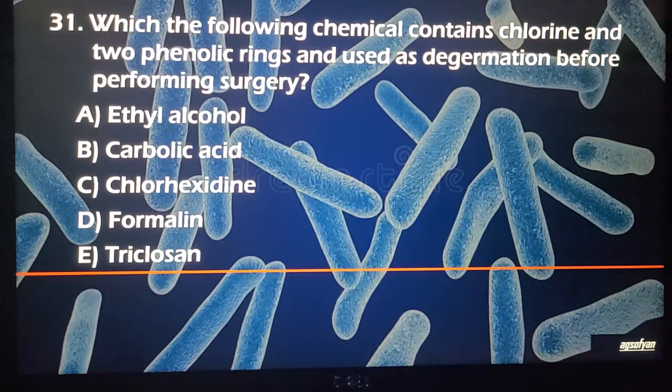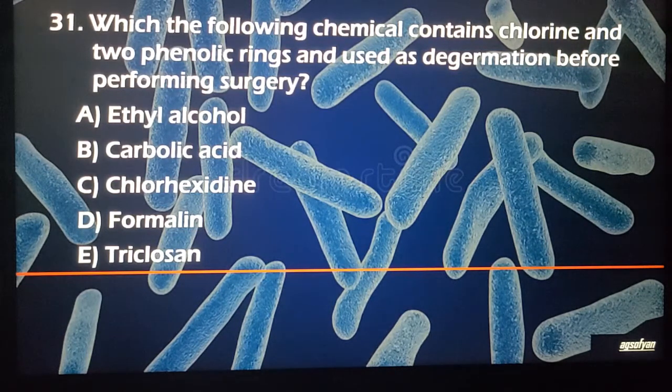Okay, number 31. It is multiple choices. Which of the following chemical contains chlorine and 2 phenolic rings and used as degermation before performing surgery? A. Ethyl alcohol, B. Carbolic acid, C. Chlorhexidine, D. Formalin, E. Triclosan.